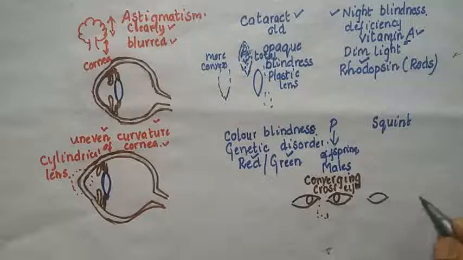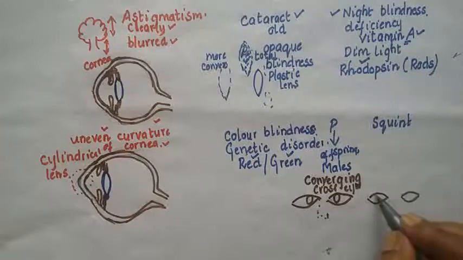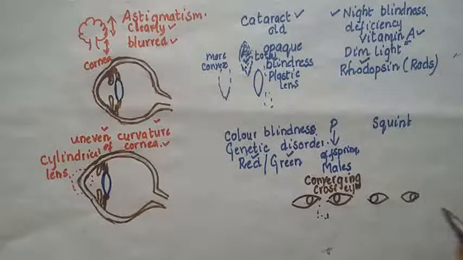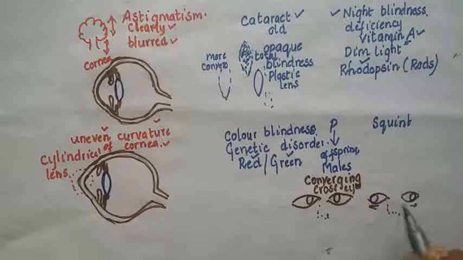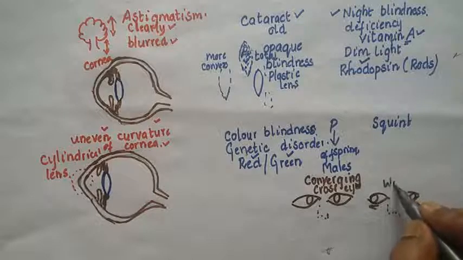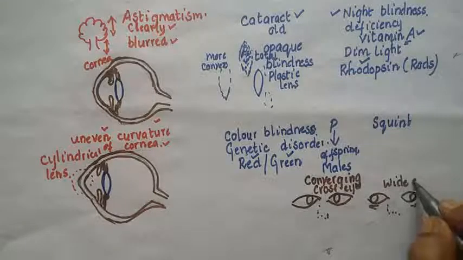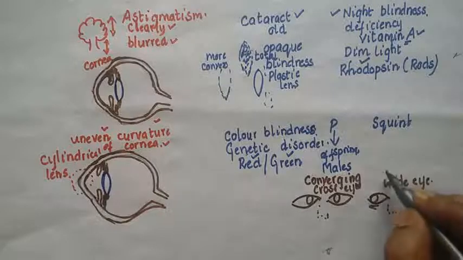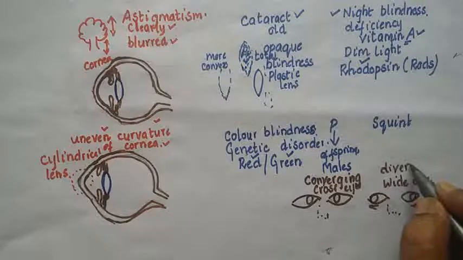Let's see the other condition. So in this condition, you can say that the eyeball is diverging from your nasal part. So we call this condition of the squint eye a wide eye or diverging eyes.